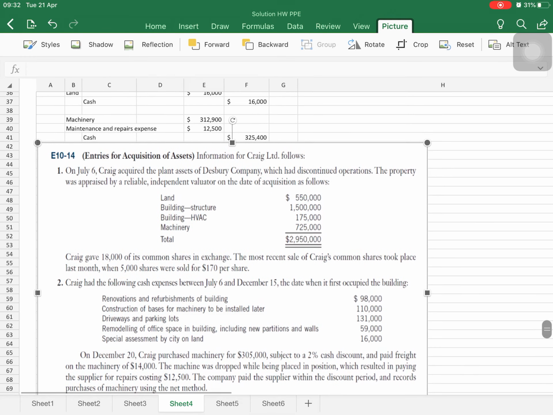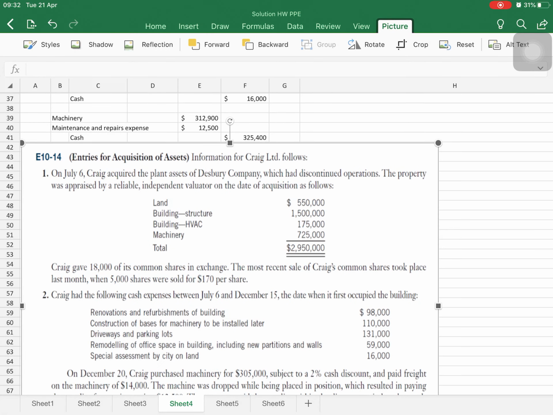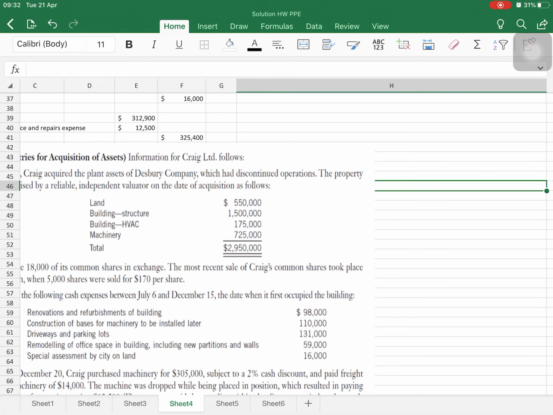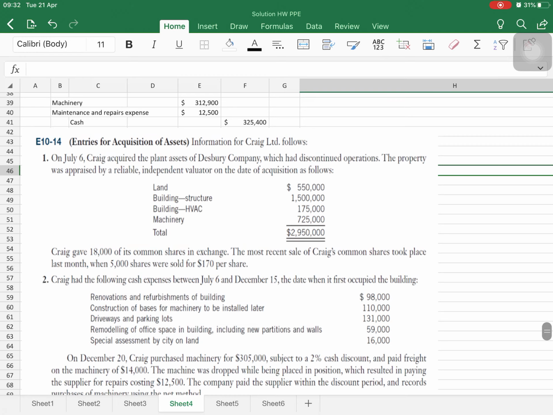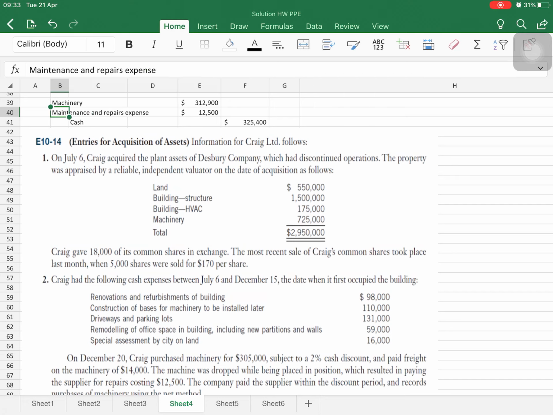And the next is about machinery. In this case, the machinery is 305,000 actually, but subject to a 2% cash discount and paid freight on the machinery of 14,000. You have to know that the machine was dropped and then the machine is broken a little bit. So the company needs to fix the machine, and the fixing or maintenance expense is 12,500.